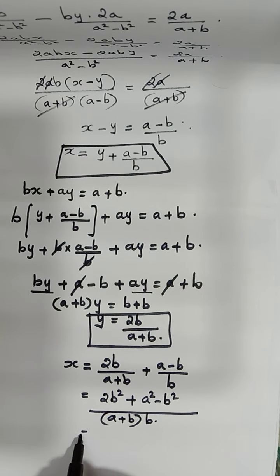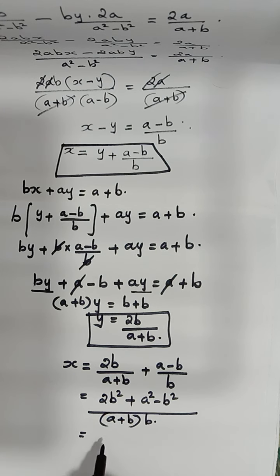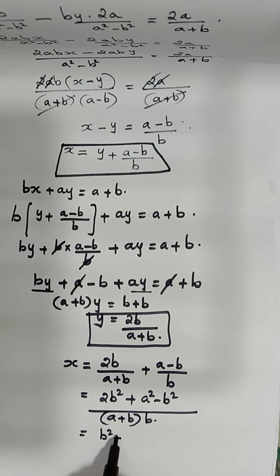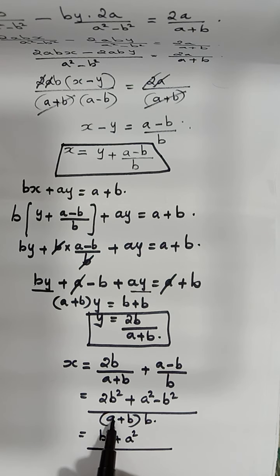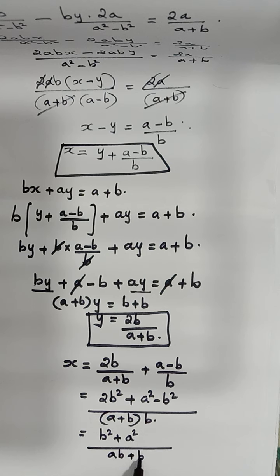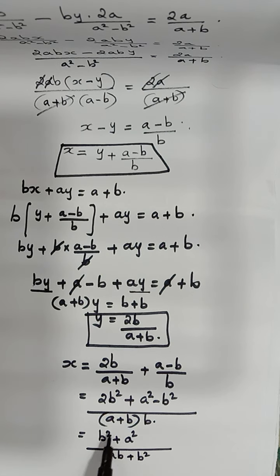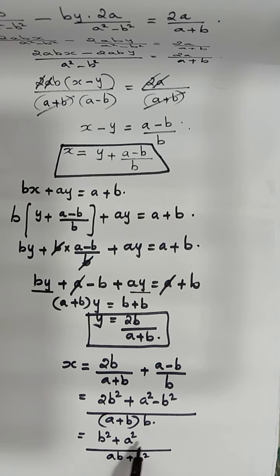We'll be getting 2b square minus b square is b square, plus a square, or a square plus b square, over ab plus b square. This is how we are getting. Don't cancel this. This is a square plus b square. We will write it as a square plus b square.